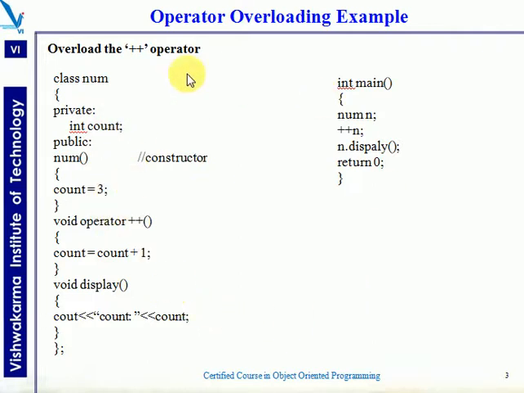Here we have one example of operator overloading, in which we have one class. Class name is num, and n is the object of class num. Here we have used a function to overload an operator. So operator is a keyword, and this is the operator symbol.